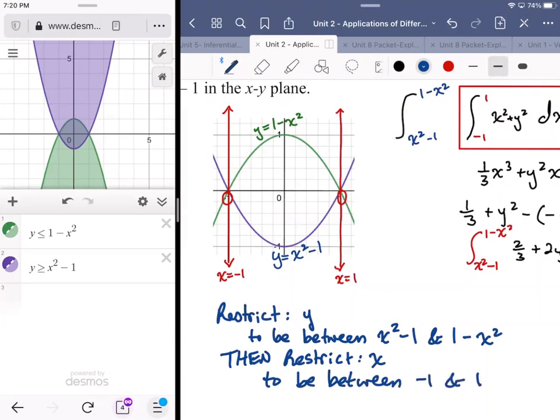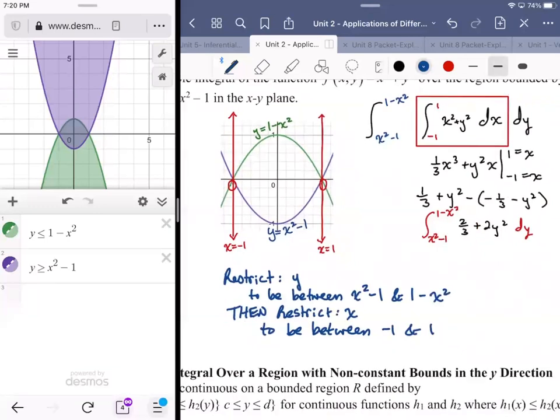What we're doing is we're creating a domain for first the y, then the x.